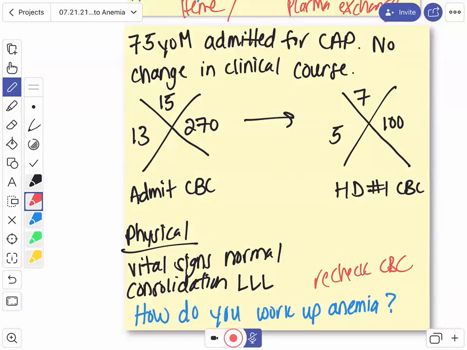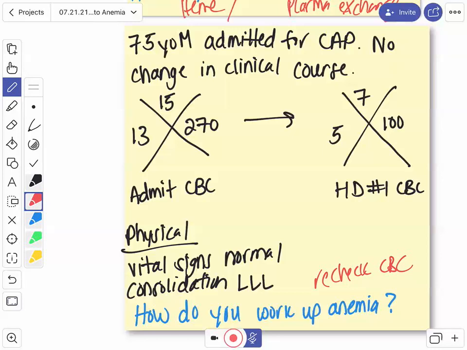Kind of related. So we were thinking, if this was a true CBC, thinking about a bone marrow suppression type picture, how quickly do you see that evolve in somebody, whether it's infectious or a new medication? Yeah, so it wouldn't happen in the course of hours. That would be more days for a medication-induced bone marrow suppression.